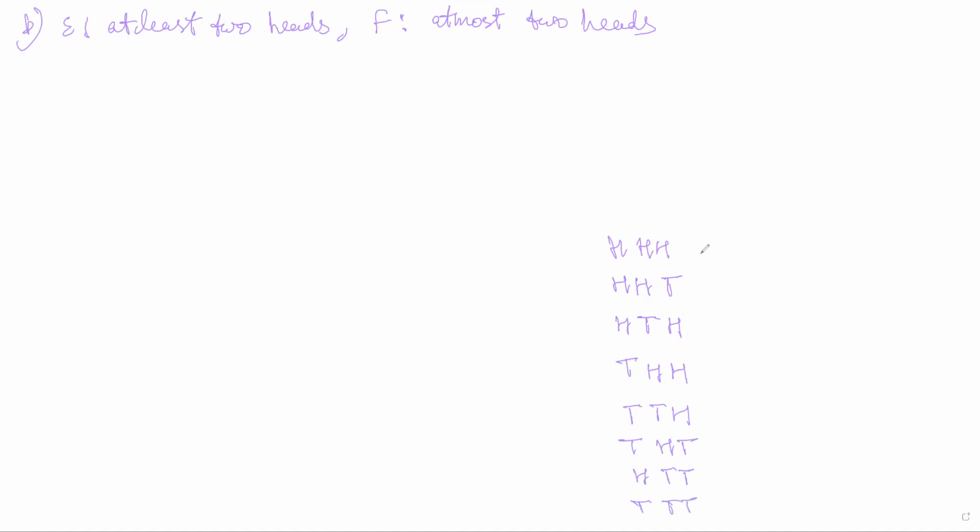So if you're talking about at least 2 heads, these are 4 possible, right? So E contains this. This is E, and at most 2 heads is these 7. This is F, right? The answer is 3 by 7. Correct. E intersection F, these 3 are common. This is 3 by 7.